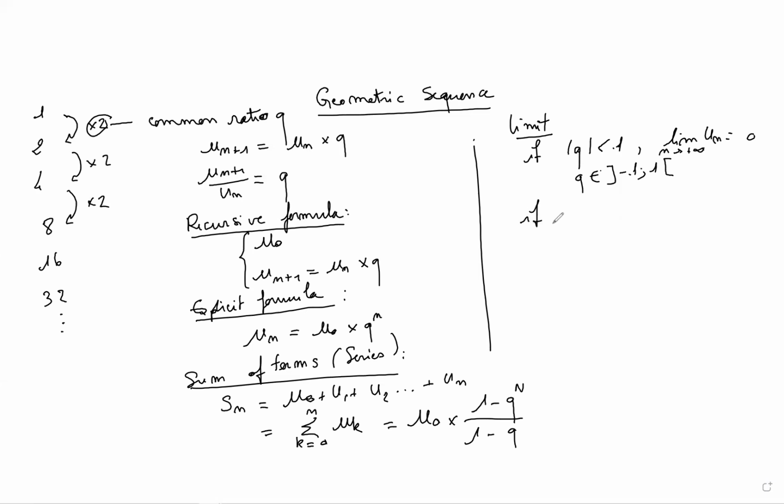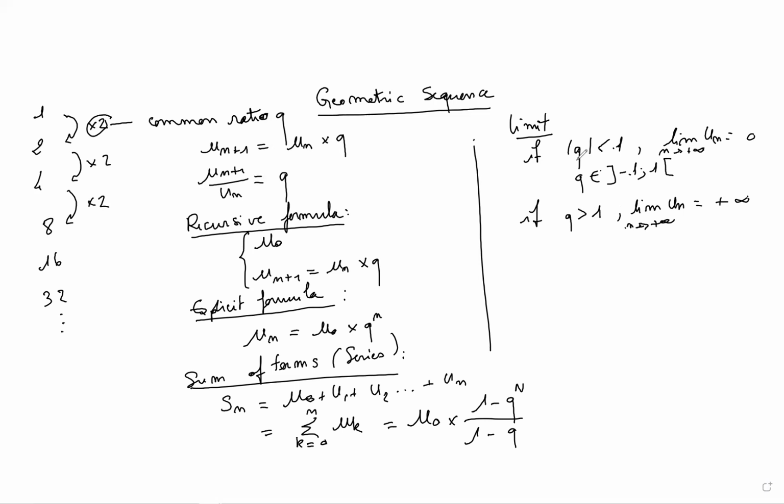If your common ratio is greater than 1, it means you are multiplying by a number greater than 1, so you are getting greater and greater numbers, and this time it will diverge towards infinity.